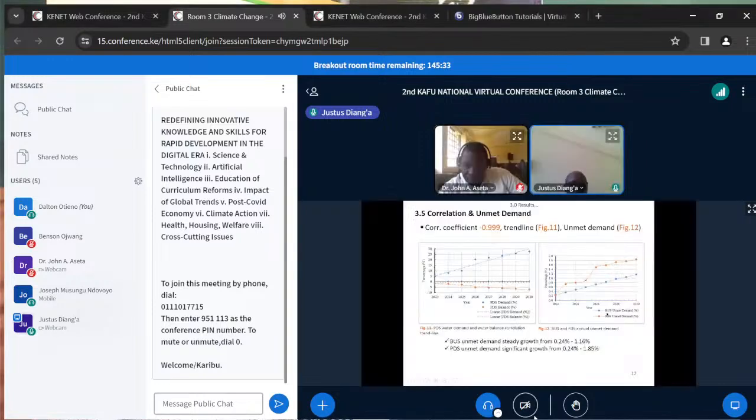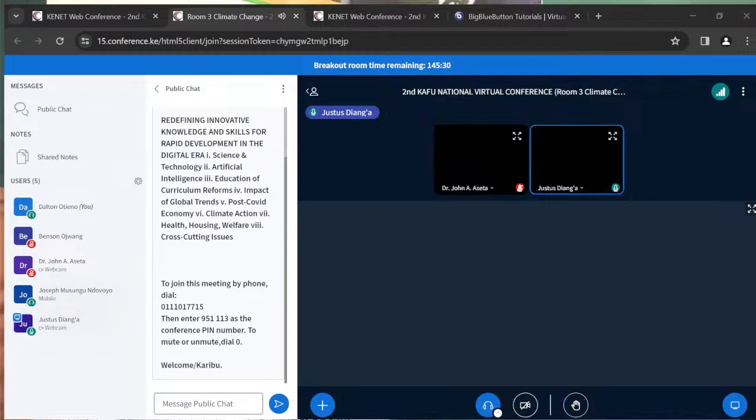And this accounts for the unmet water demands, because the decrease in water balance, or the negative balance we're getting, is equated to the demand that is not met.